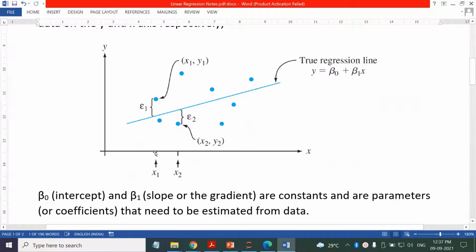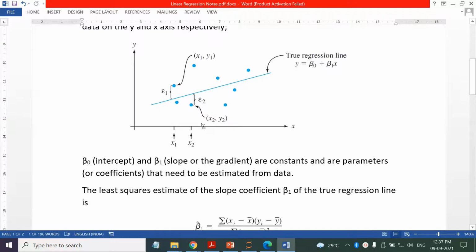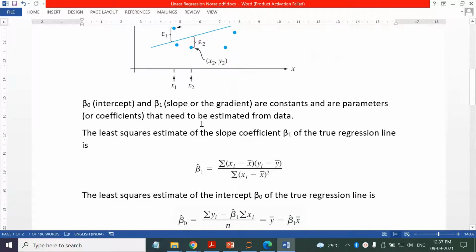If you go upwards and find the intersection on this line, that is the predicted value, but the actual value is this one. The difference is the error, known as the sample error. For the first sample it is epsilon 1, similarly for the second sample it is epsilon 2. You find the difference between actual and predicted values and you get the errors.